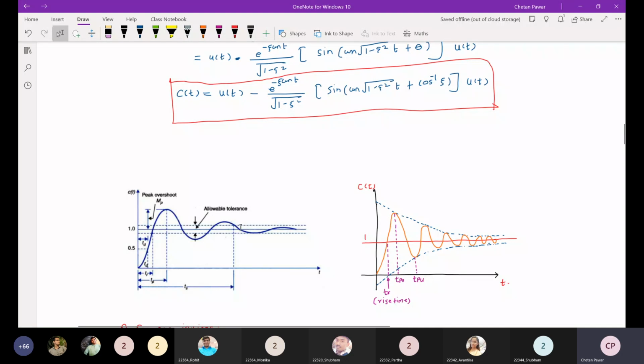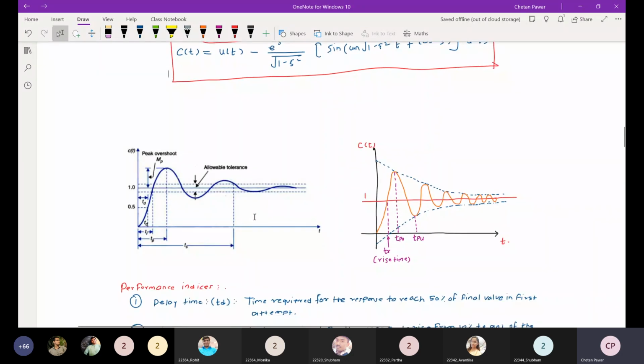Generally these performance indices tell how oscillatory the system is and how fast the system is, depending on the rise time and the settling time. All these parameters determine how fast the system is, and how oscillatory it is. So these parameters define the performance of the system.